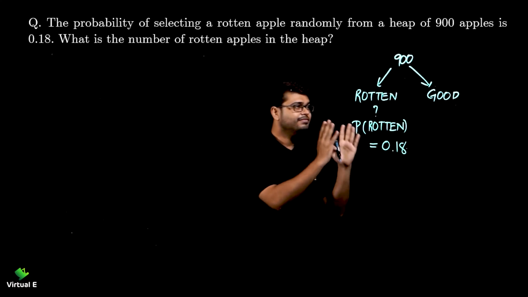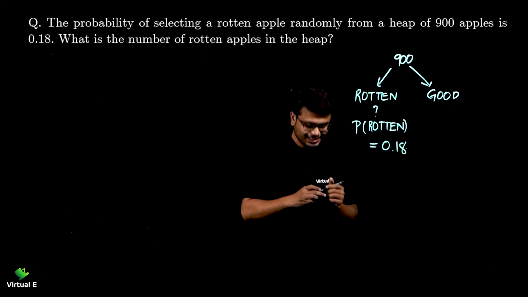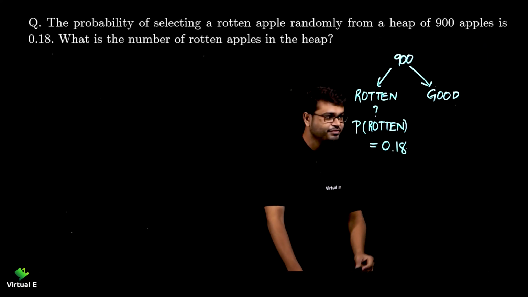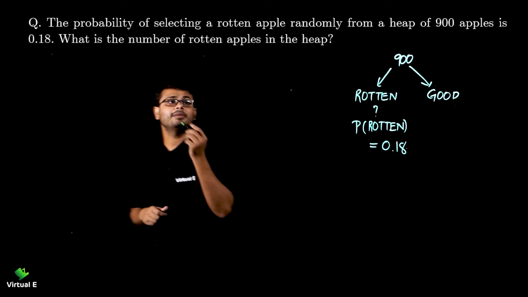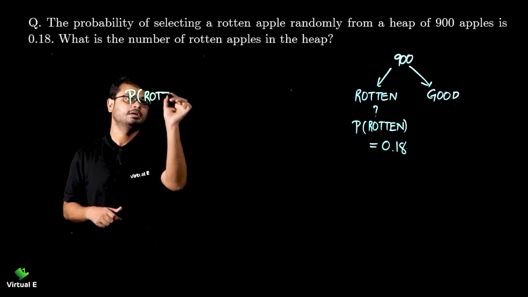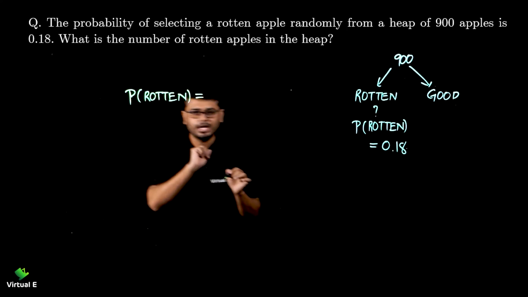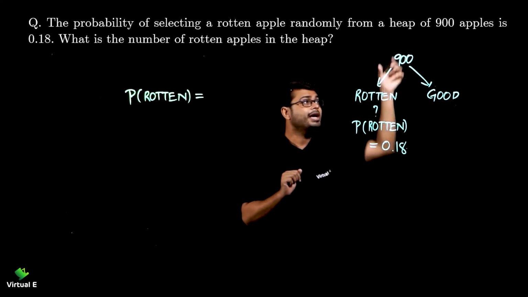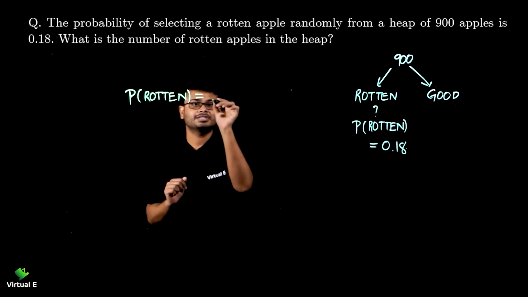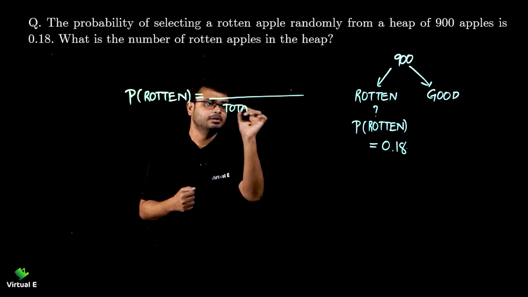You have a very simple step, but you need to apply the formula in the correct way. Let's start with the formula only. It's all about the formula. So for the probability of rotten apple, how can we write the formula first of all? Okay, favorable outcomes. So if you take one apple from this, first of all let's write the total number of apples that will come in the denominator.